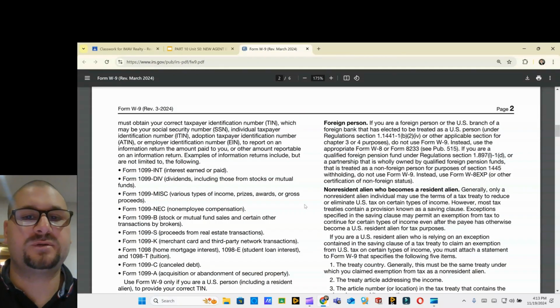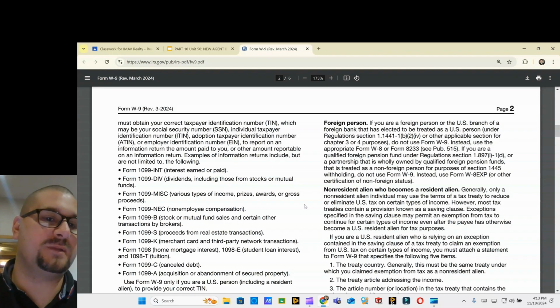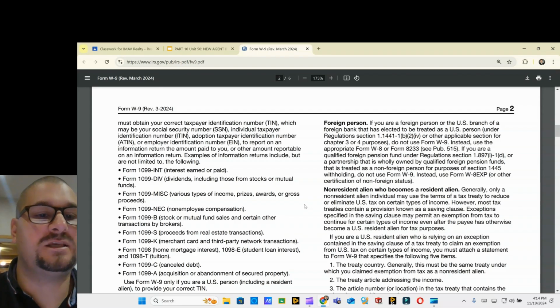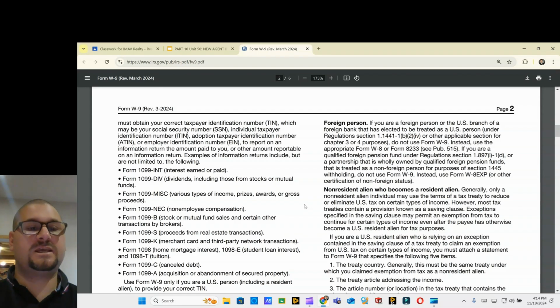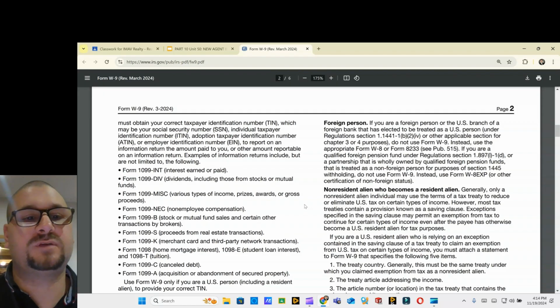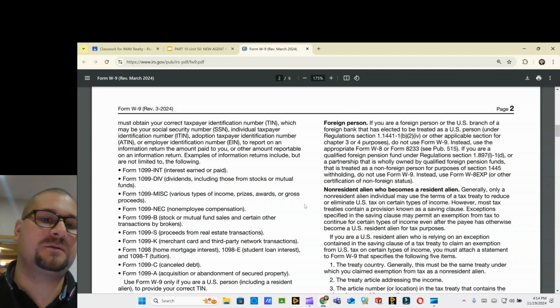Examples of information returns include, but are not limited to, the following. Form 1099 INT, Form 1099 DIV, Form 1099 Miscellaneous, 1099 NEC. So right here, 1099 NEC, this is the typical form I have to give to you at the end of the year.